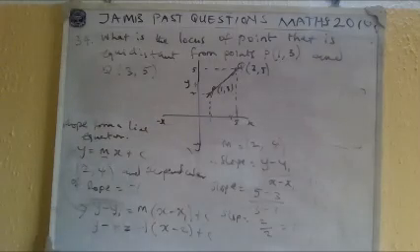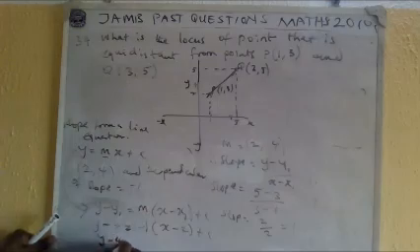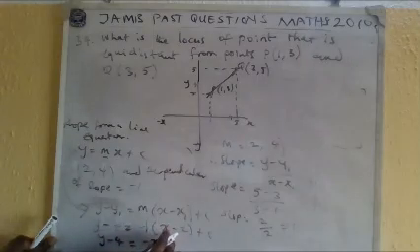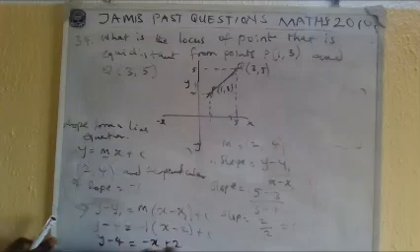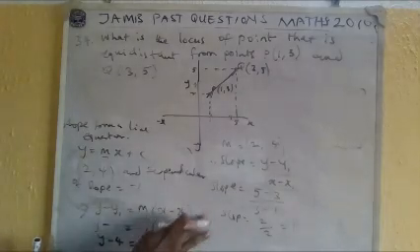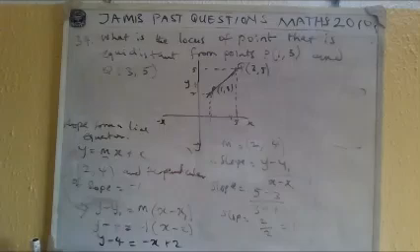So at this point again, we just expand. Y minus 4 is equal to minus x plus 2. We can remove the c because it's just a constant. So at this point, we collect like terms, or we just make 4 come to the other side.